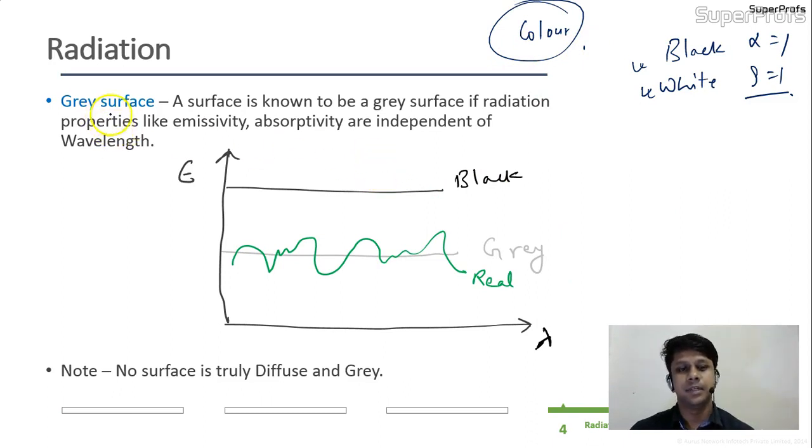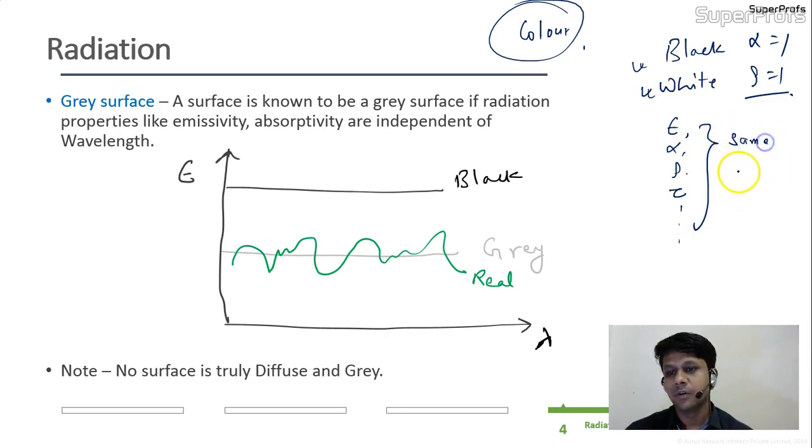Similarly, we will see the gray surface in this slide. A surface is known to be a gray surface if the properties like emissivity, alpha, rho, tau or any radiation property are the same, or not changing, with respect to wavelength.